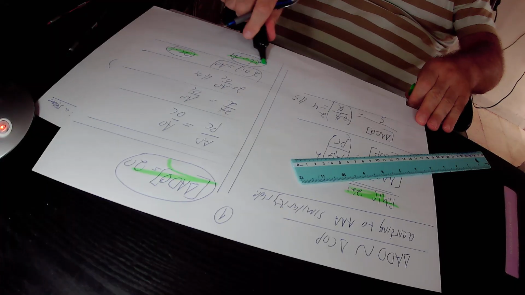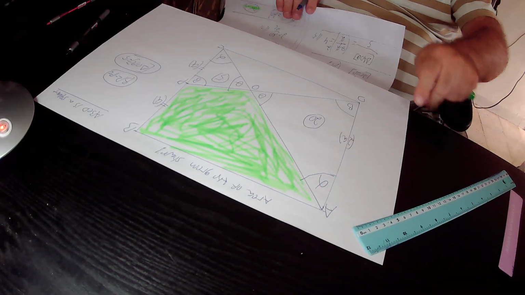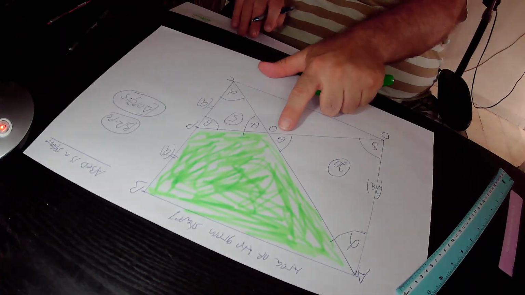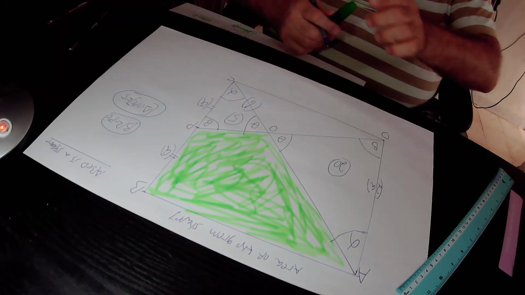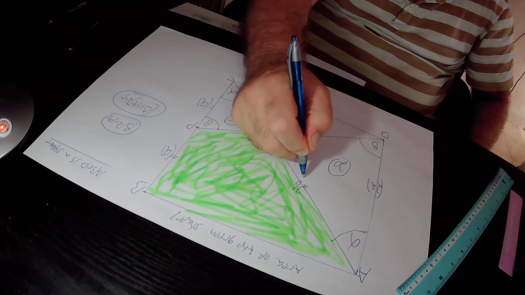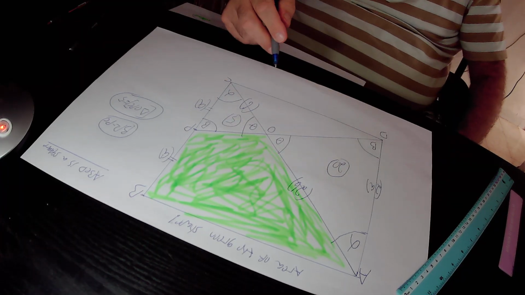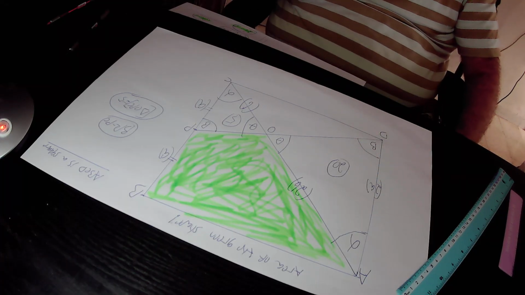So AO equals 2B. So actually we found out that if the length of this side OC is B, then the length of this side OA is 2B. That is to say, OA is twice as long as OC. Again, OA is twice as long as OC.